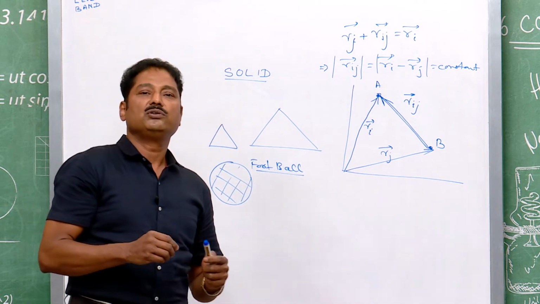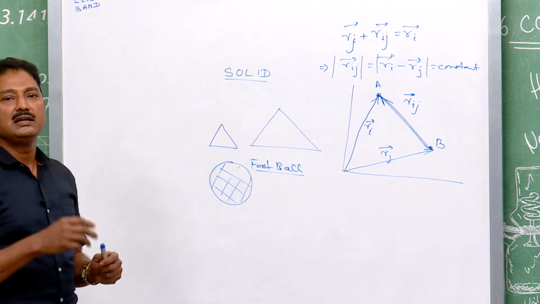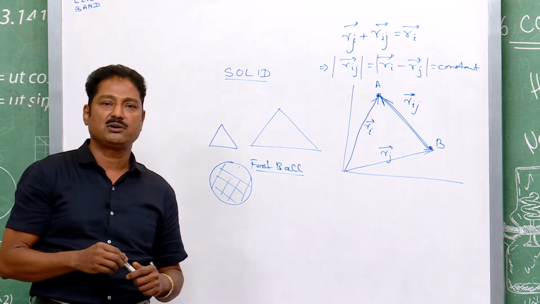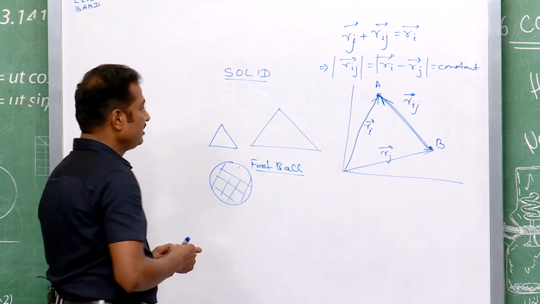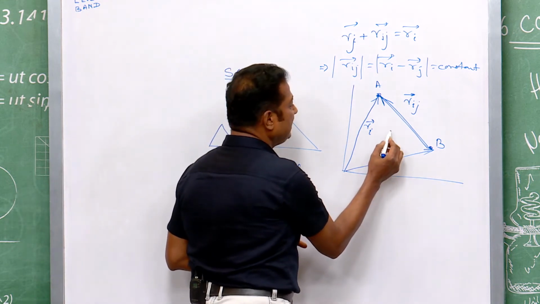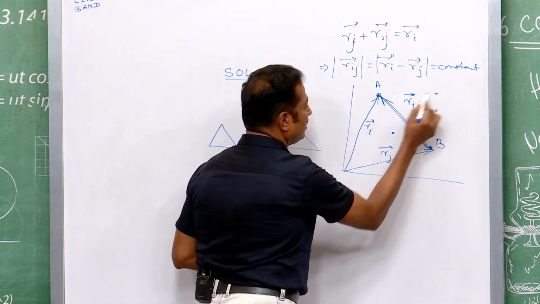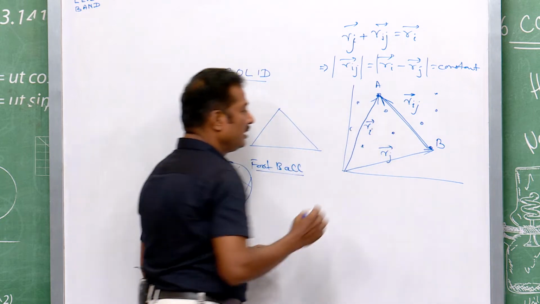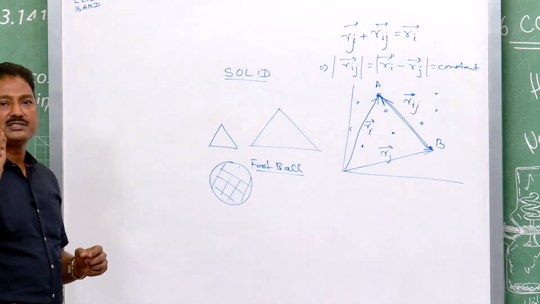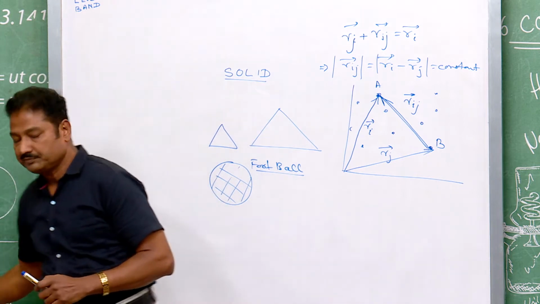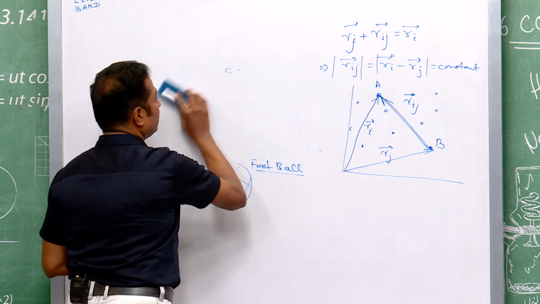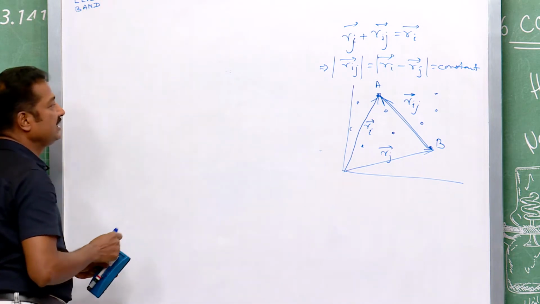So, now we should go to our exact electronics topic, or solid state physics topic, that is energy level. When I talk of solid, a solid consists of many atoms. Consider a single atom.